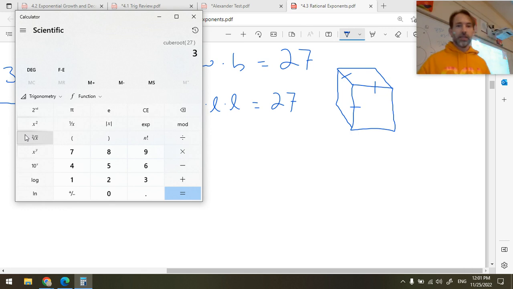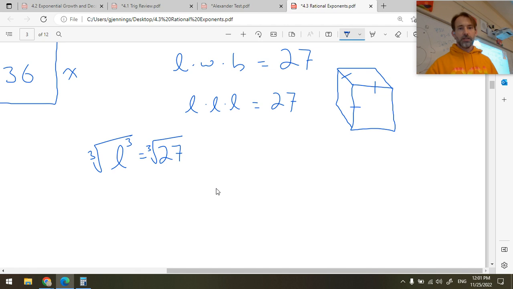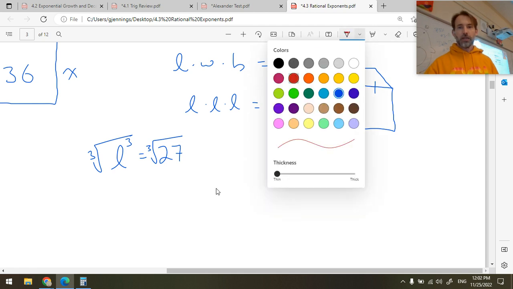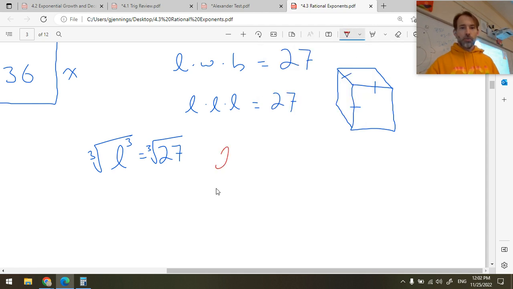Another way that we can look at this is, well, I could write 27 in a funny way, this way. I could say 27 to the 1 is equal to 27 to the 1/3 multiplied by 27 to the 1/3 multiplied by 27 to the 1/3.